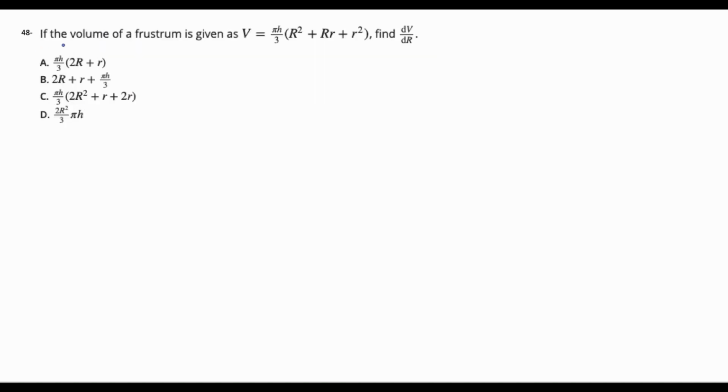Question 48. If the volume of a frustum is given as this, find dV/dR. So now we have V equals pi h over 3 into big R squared plus big R multiplied by small r plus r squared. And we're requested to find dV/dR.